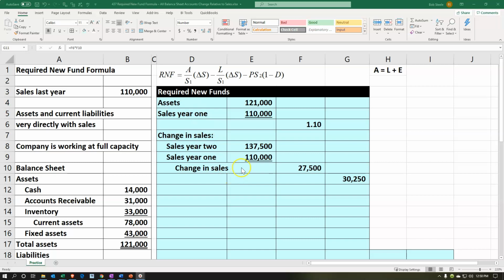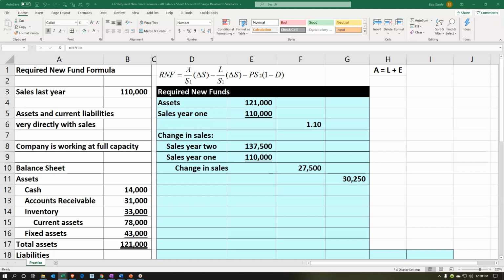If there's going to be an increase in revenue, in this case the 27,500, then you would expect the assets needing to be increased relative to that in order to generate that added revenue. And so we're going to increase them by the ratio that we have of the 1.1. Okay, so that's the first component. Now we got to think about how we're going to finance that, liabilities and equity to do that.